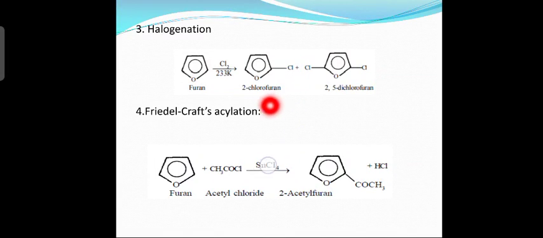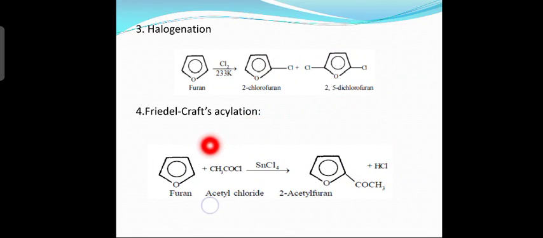Furan on chlorination at 233 Kelvin gives a mixture of 2-chlorofuran and 2,5-dichlorofuran. You can see here chlorine at the second place, and here at the second and fifth places. This is known as halogenation.